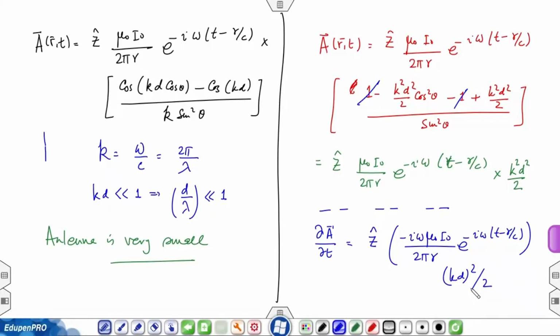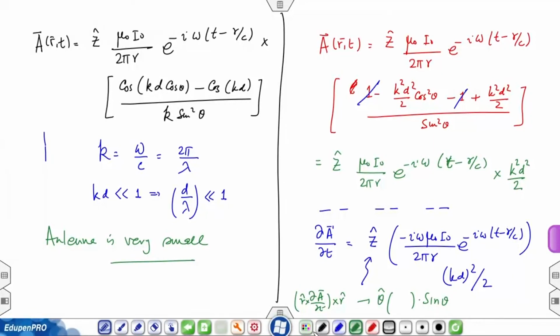Now, you see this dA/dt is in the z direction. If I were to take its radiation component, I would take this dA/dt, take r cross this cross r, and that will give me this whole thing in the theta direction times the sin theta term. I will let you work it out. That is what I meant, that you got to take the component which is perpendicular to the r direction, and that is the electric field component corresponding to radiation.